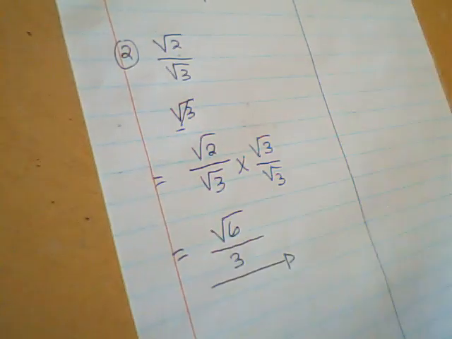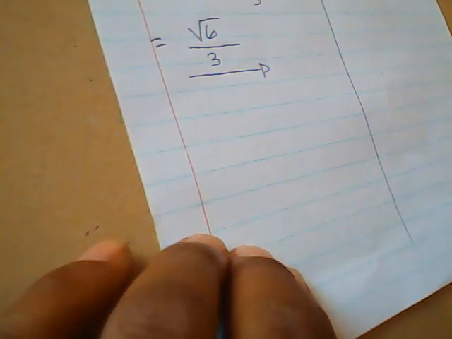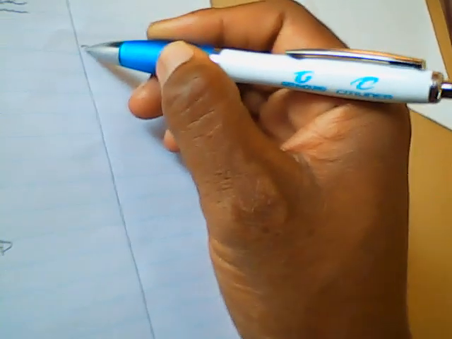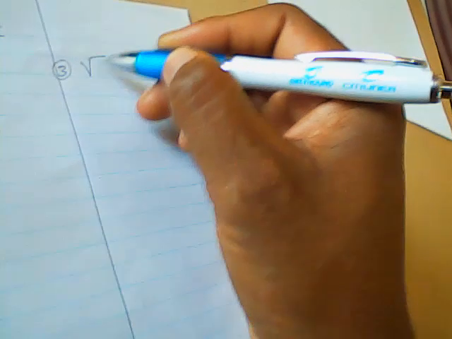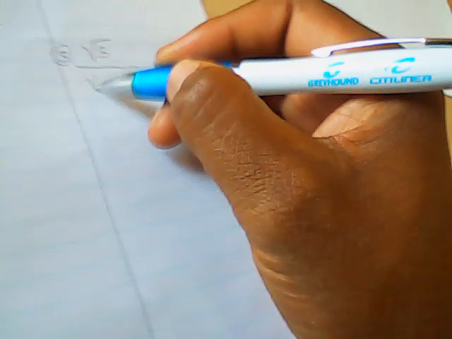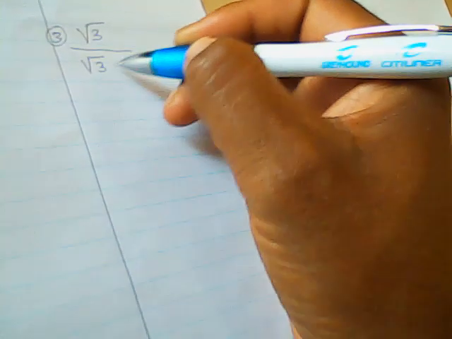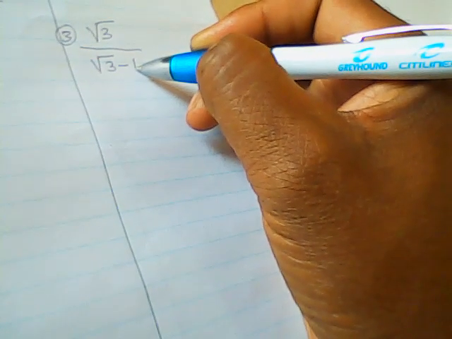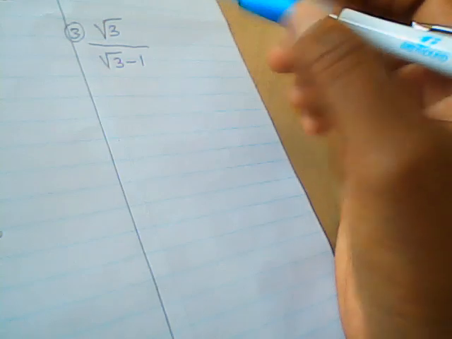Then now number 3. Let me write number 3 here. Right, number 3 says the square root of 3 divided by the square root of 3 minus 1. Right, please pay attention here.